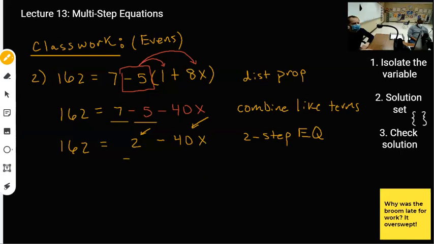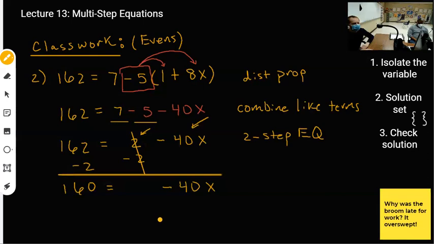I can subtract 2 from both sides to do that. So when I do that, the 2 and the minus 2 will cancel out, leaving me with a minus 40x, or negative 40x. And over on the other side, I have 162 minus 2. That's going to give me 160.